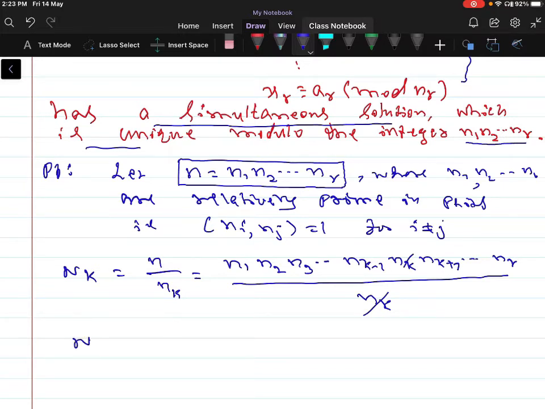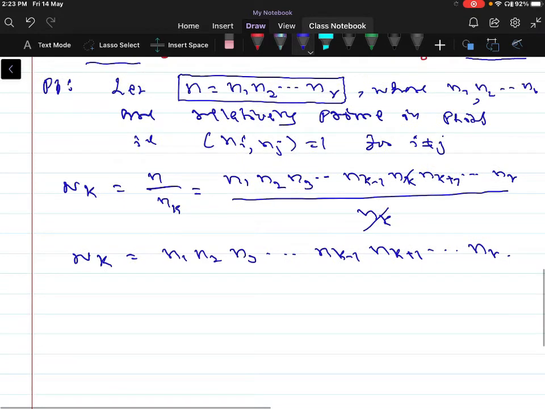So therefore Nk is equal to n1 into n2 into n3 and so on, nk minus 1, nk plus 1 and so on into nr.